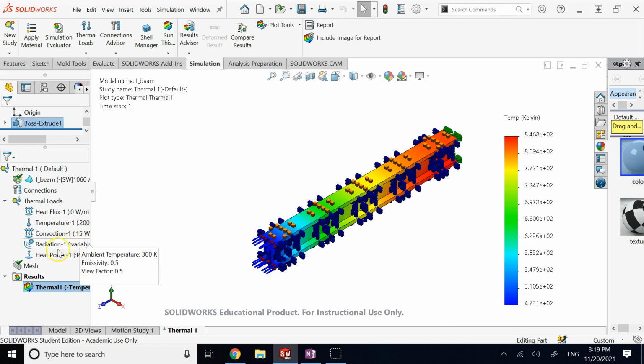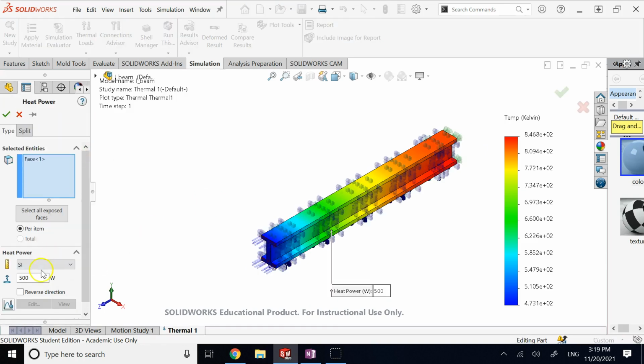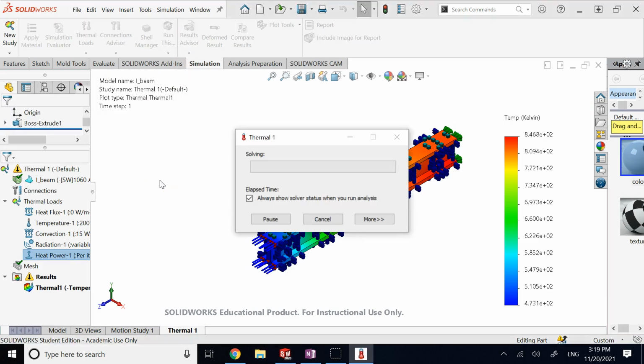and maybe 500 watts was just a little bit too much, but even if I just go and make it 100 and run it again, you still see that the heat power that is added all over the beam is definitely bringing up the temperature all over the beam, except for the left end, which you try to keep constant. Okay, and that's not really realistic.